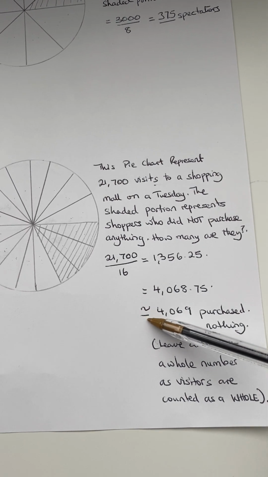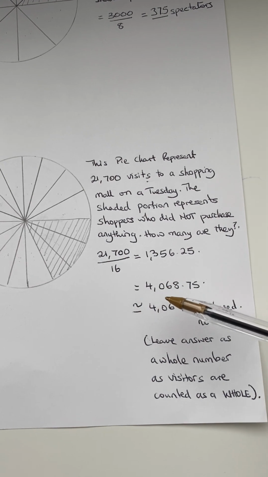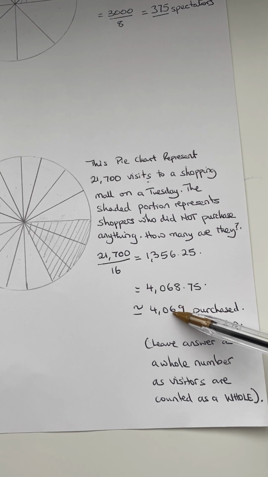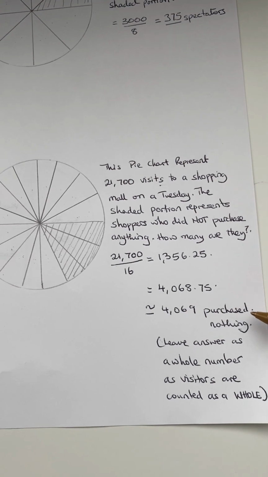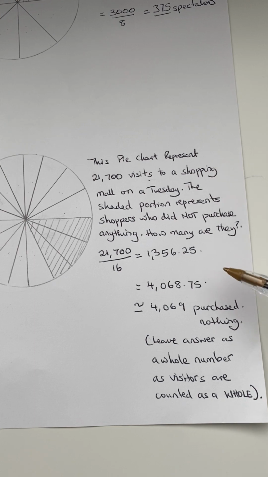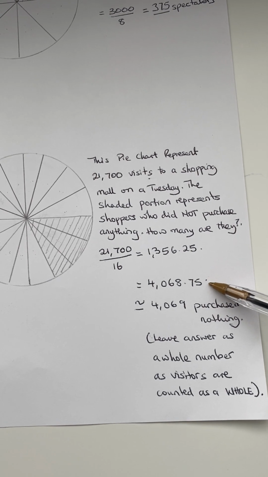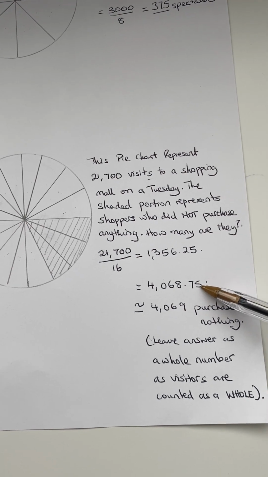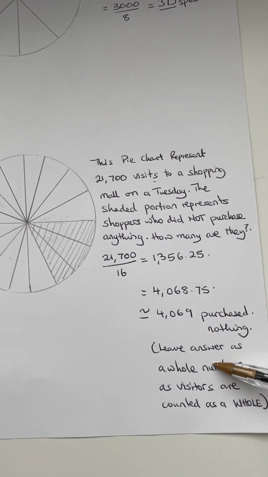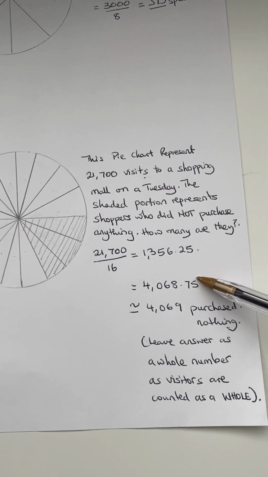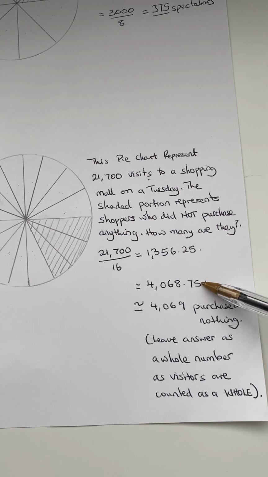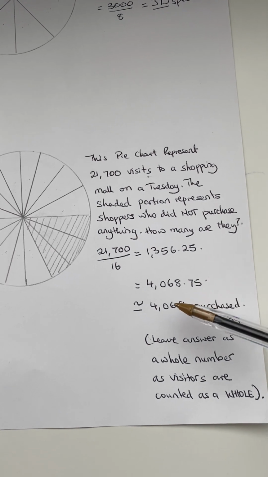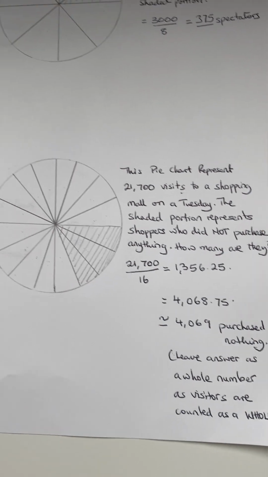We did this in mathematical symbol, and then I've written 4,069 purchase nothing. Okay, because even though this answer is right, we can't have 0.75 visitors. It's less than 1. Every visitor is counted as a whole number. Okay, so that will be our answer there.